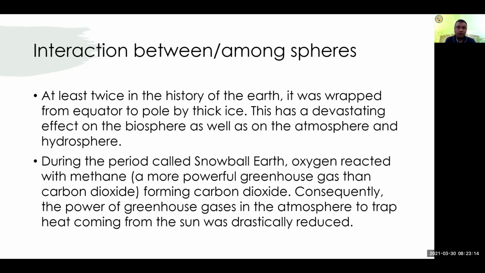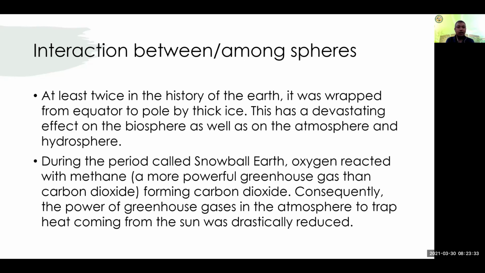Another scenario is the melting of the ice. At least twice in the history of the Earth, it was wrapped from equator to pole by thick ice. This had a devastating effect on the biosphere as well as on the atmosphere and hydrosphere.